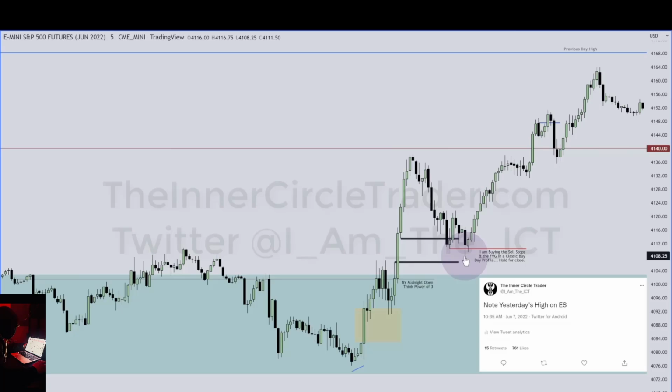You can see the stops being raised, and I'm taking partials along the way. As it's going up into this area here, I'm taking some of the contracts off, and I'm raising the stop loss up, because I don't want it to come back down into that fair value gap again, because what it did once, twice, it should never come back down again.